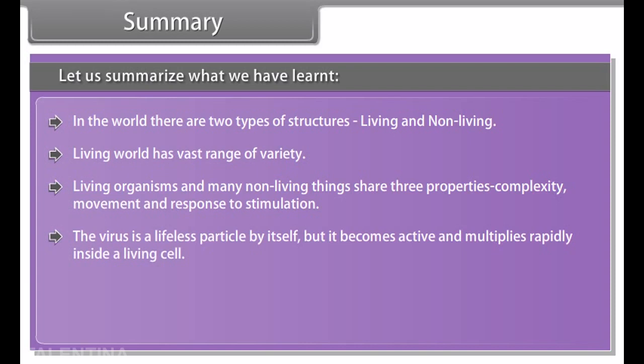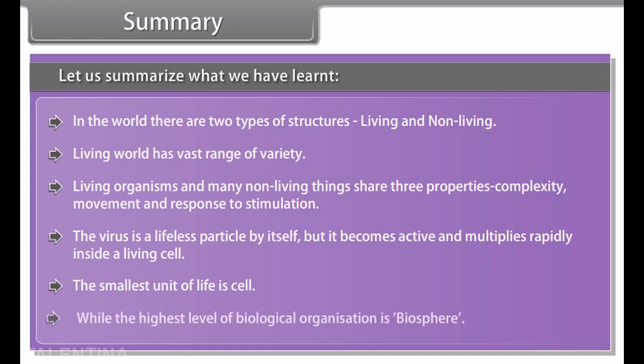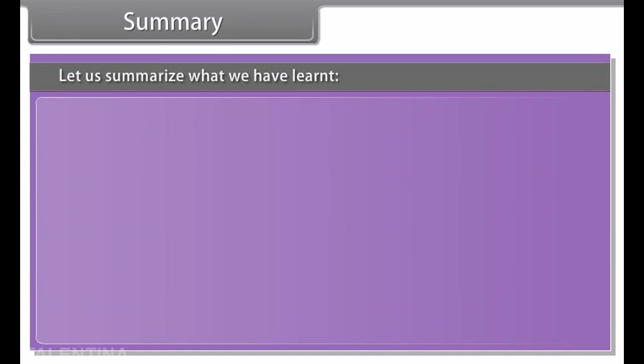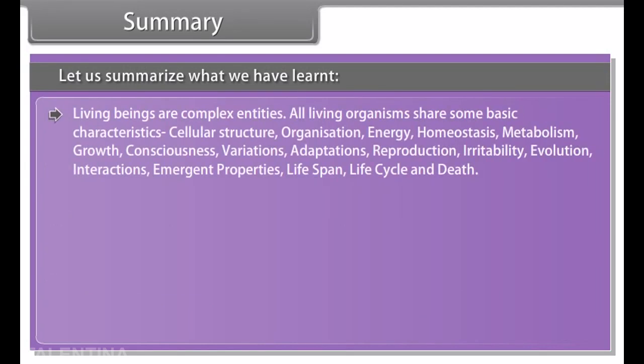The virus is a lifeless particle by itself, but it becomes active and multiplies rapidly inside a living cell. The smallest unit of life is cell, while the highest level of biological organization is biosphere. Living beings are complex entities.